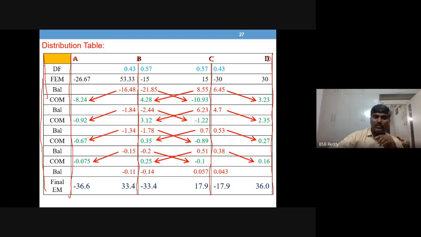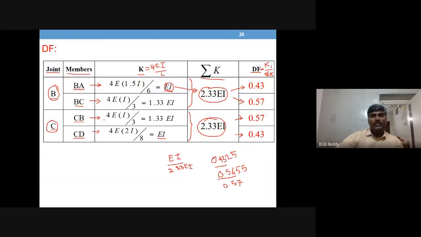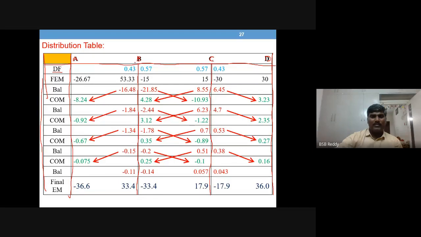To start with, first you make a row of all the nodes, the end nodes of the continuous beam. Then write the distribution factors that you have found. Joint B, BA is 0.43, BC is 0.57.